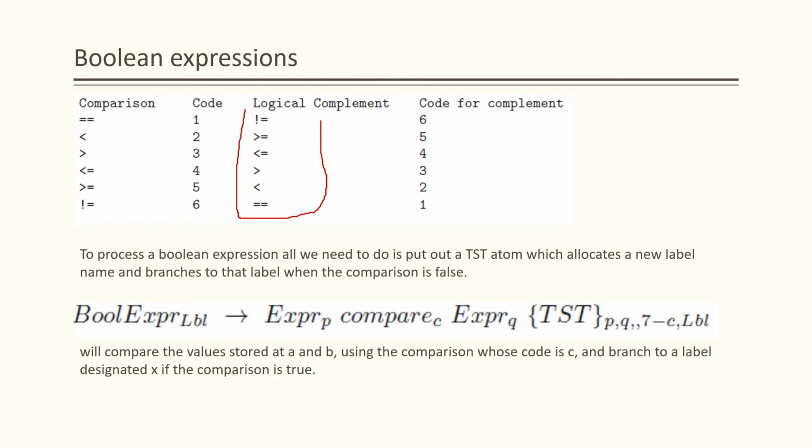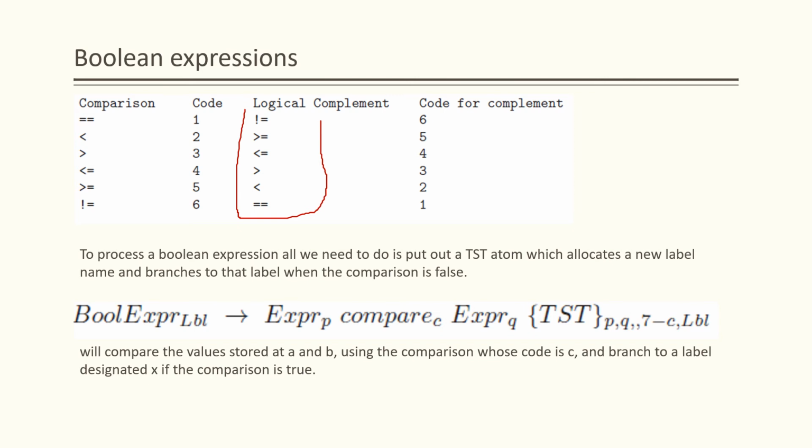The process for Boolean is that all we need to do is put out the TST atom, which allocates a new label. So the TST will check, allocate a new label after that operation, and branch to the label when the comparison is false.